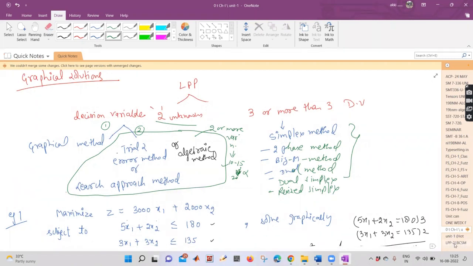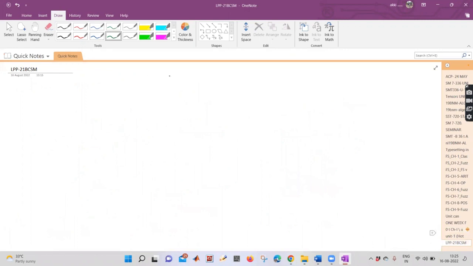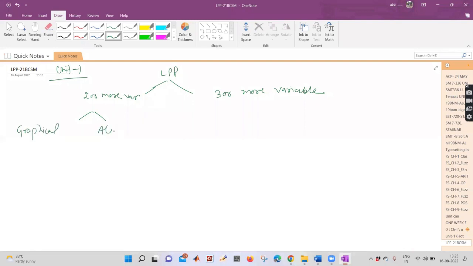In the LPP, we have two or more variables, and three or more variables. So here we have the graphical, and algebraic or trial and error.